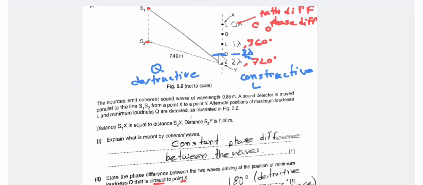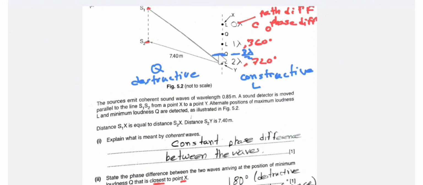So S1 to x is 7.40, and we need to find S1y. So what would be S1y? That is this distance S1y. S1y would be S1x, that is this distance, plus this distance. So this length would be equal to S1x, that is 7.40, plus from this point to this point, which is 2 lambda.